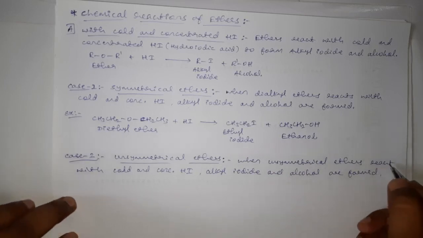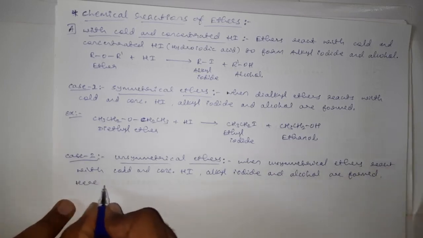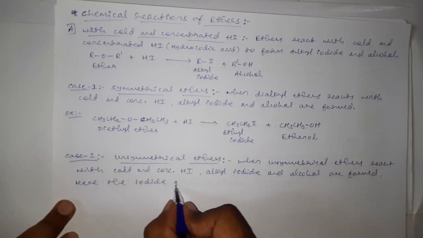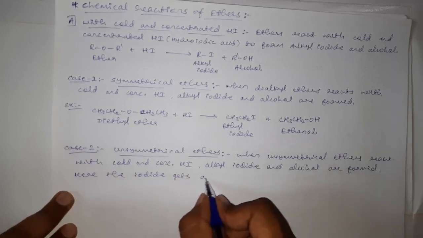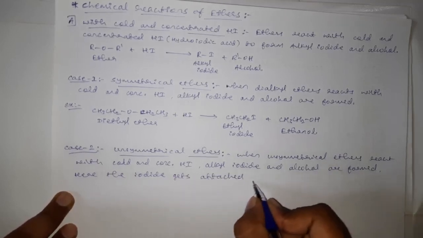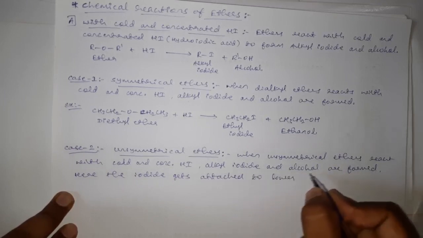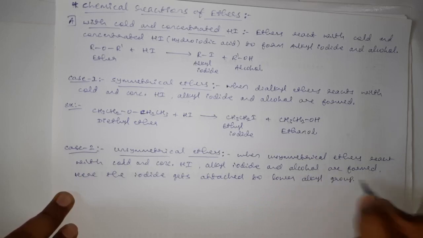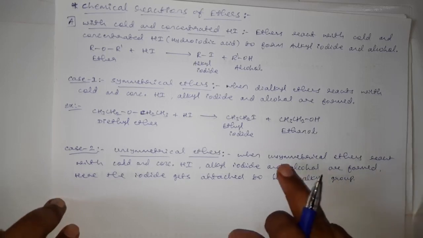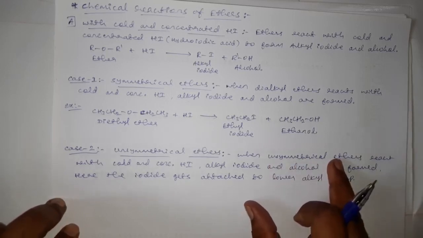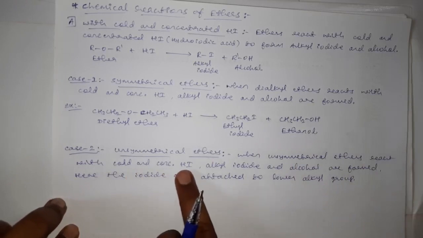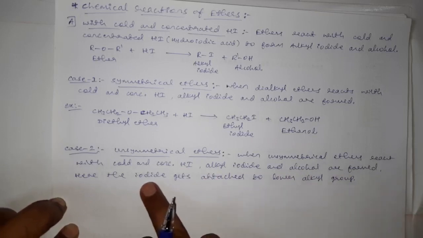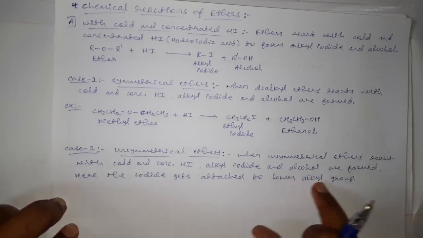But here the iodide gets attached to the lower alkyl group. See, when unsymmetrical ethers are reacted with cold and concentrated hydroiodic acid, we will get alkyl iodide and alcohol, but the iodide gets attached to the lower alkyl group.